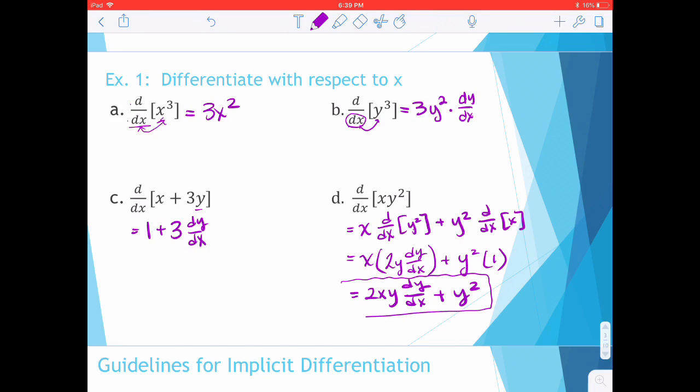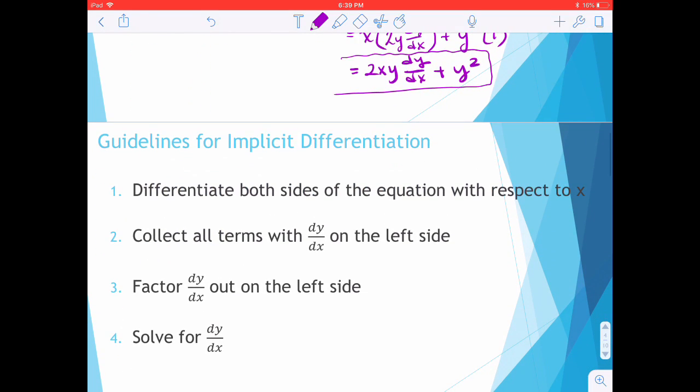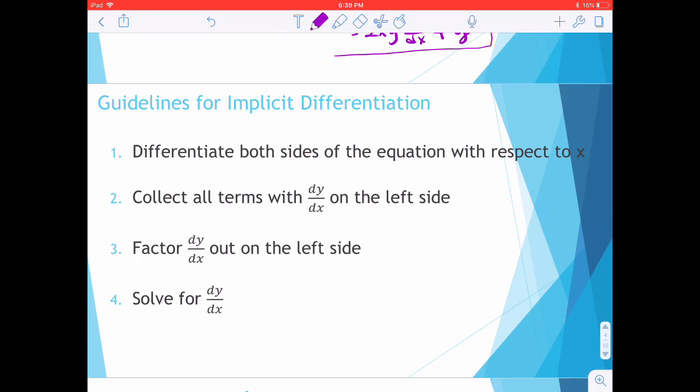Ooh, that's wobbly. Okay, so here are some guidelines for implicit differentiation. You want to differentiate both sides of the equation with respect to x. Then you collect all the dy dx terms on the left-hand side of the equation.